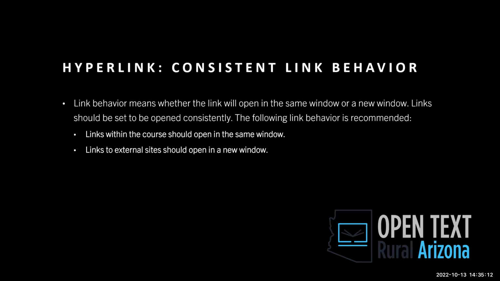The standard rule, sort of the golden rule here, is that if I have a link that is linking to somewhere else in the course, so if I'm on a page and I'm reading a description of an assignment and then it links to the assignment, that link is actually going to open in the same window. The idea being that if I'm in one section of the course and I'm going to navigate to another section of the course via this link, I don't need both sections of the course open at the same time, right? So if it's within the course that I'm linking to, that will open in the same window.